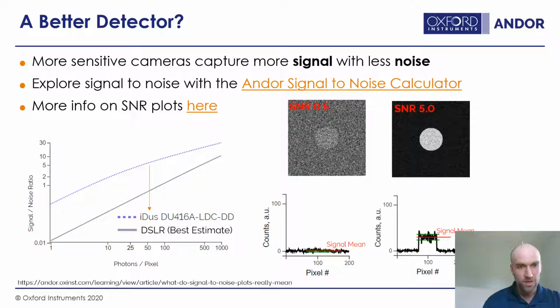So if we're comparing one of our CCDs that are purpose-built for spectroscopy, the iDus DU416A, to this DSLR sensor, and this is my best guess about its parameters based on some forum posts of people who compare different sensors and cameras, you can see that generally the iDus is quite a bit higher in terms of the signal to noise ratio than the consumer camera, as you might expect, as we might hope. And depending on the number of photons that are arriving per pixel, per exposure, that might change quite a bit.